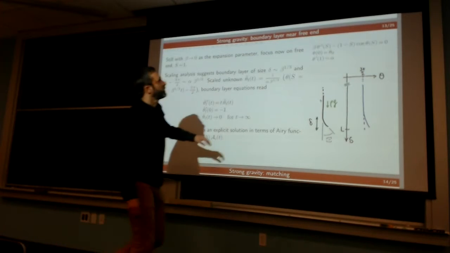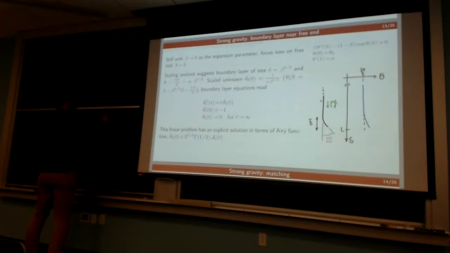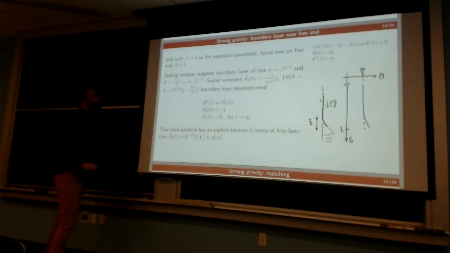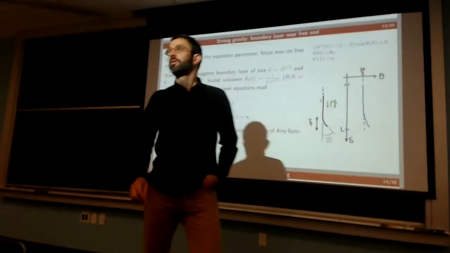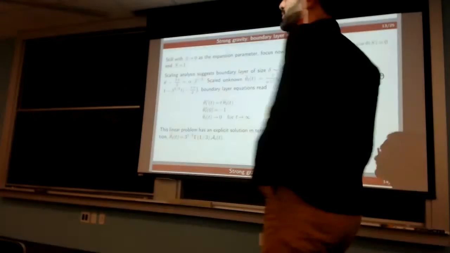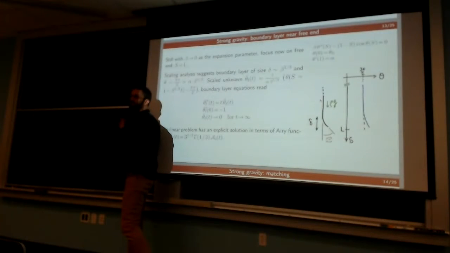Okay, so that's what the boundary layer is telling me. And now let's look at the equation here. So we have beta theta second derivative that I have to balance with the other term. So what is 1 minus s now? 0. It's never good to say that. I mean, when you do orders of magnitude, it's never good to have 0.